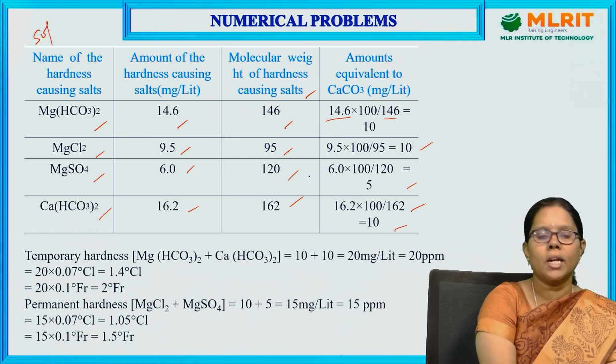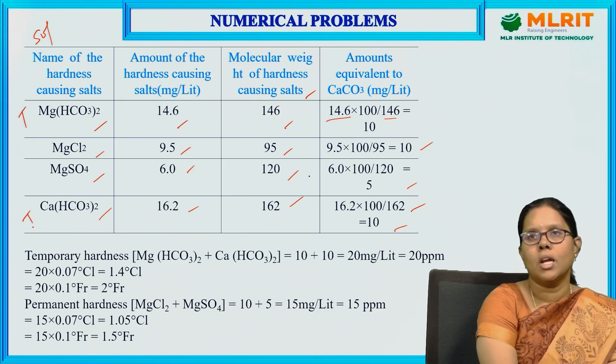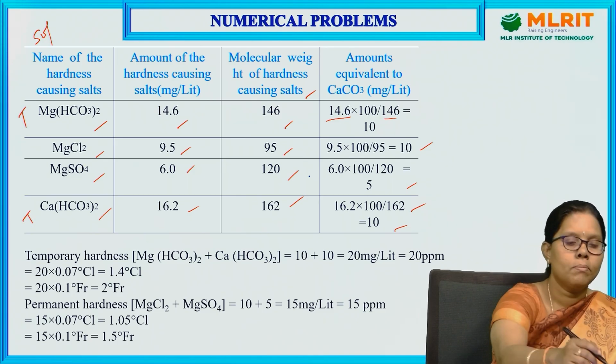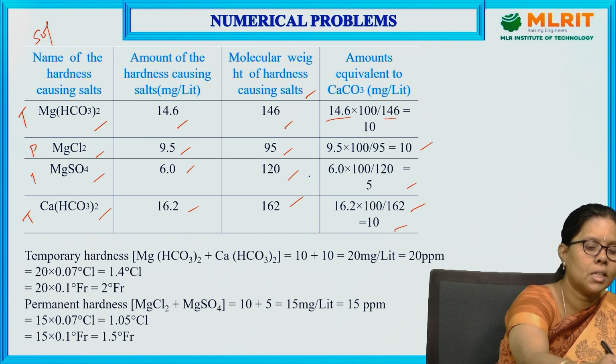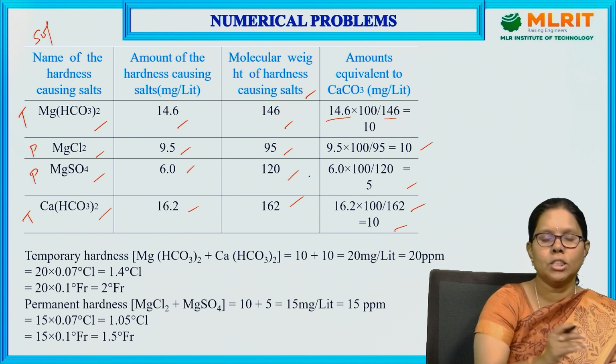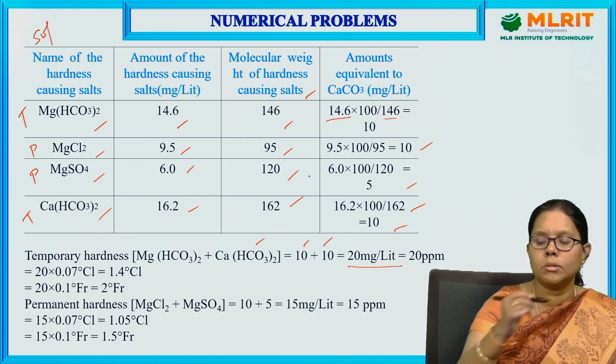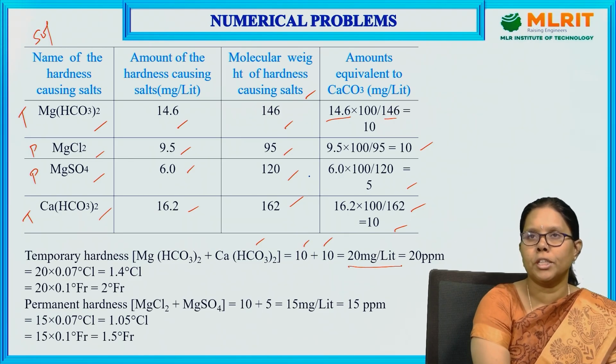So temporary hardness is because of magnesium bicarbonate and calcium bicarbonate. Permanent hardness is because of magnesium chloride and magnesium sulfate. So temporary hardness of magnesium bicarbonate and calcium bicarbonate we have calculated in terms of CaCO3 is 10 plus 10 is 20 milligrams per liter, which is equal to 20 ppm.